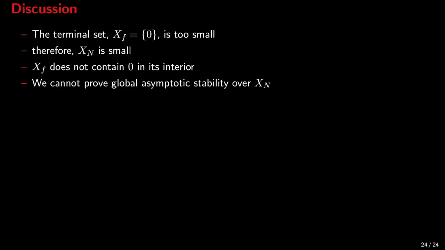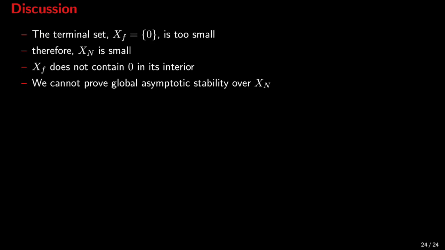Now, a few observations we can make here is that, first of all, admittedly, the terminal set xf, which is equal to a set that contains just one point, is too small. I mean, at least we should try to think of a way to design a larger set xf. Why would we want a larger set xf?